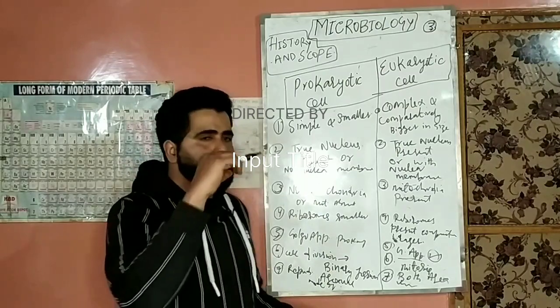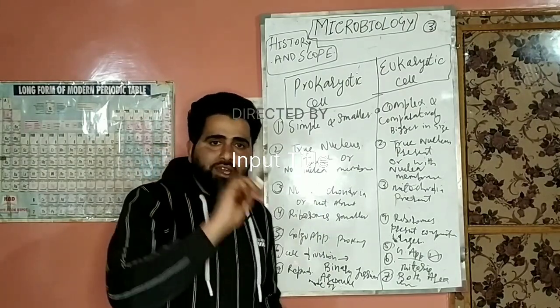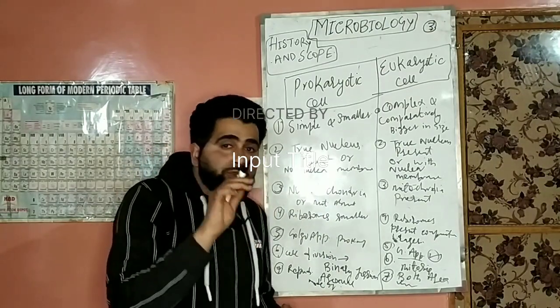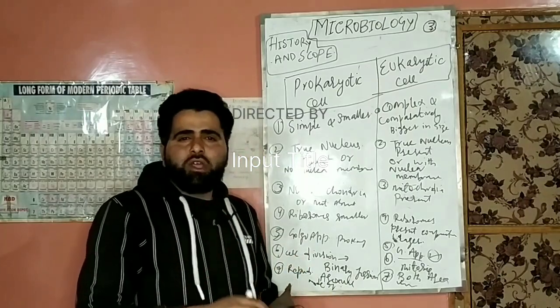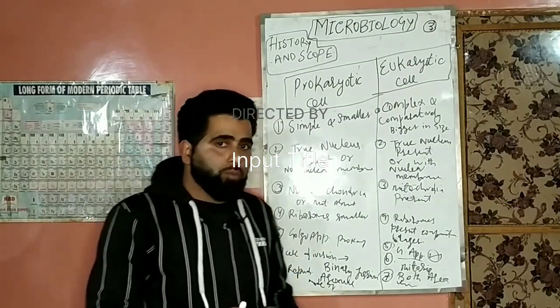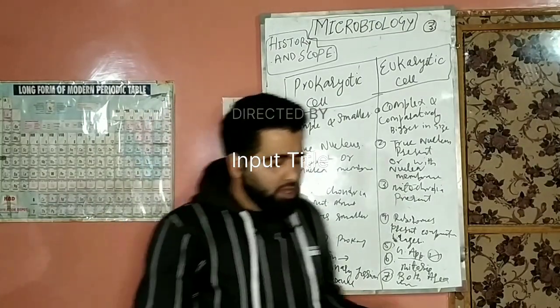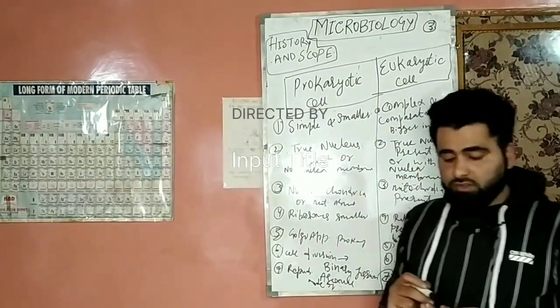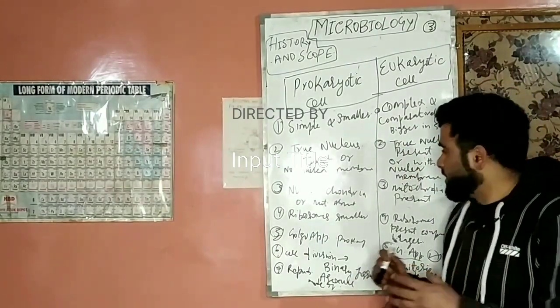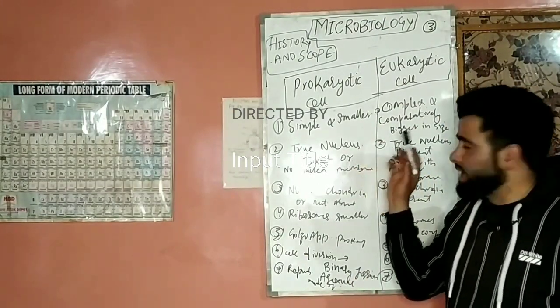Researchers, scientists and microbial taxonomists studied the detailed structure of prokaryotic cells and eukaryotic cells with the help of electron microscopy.